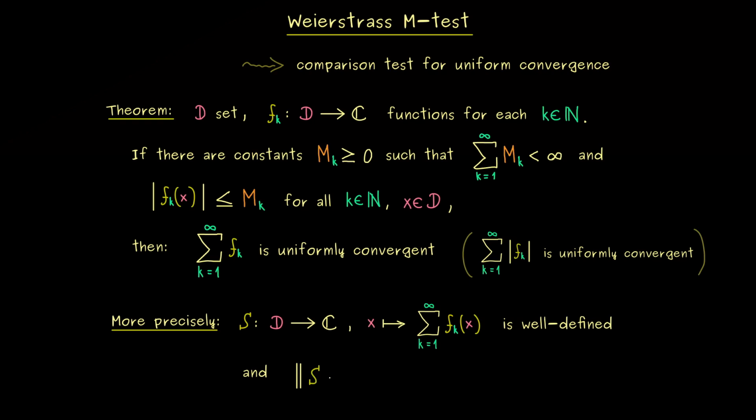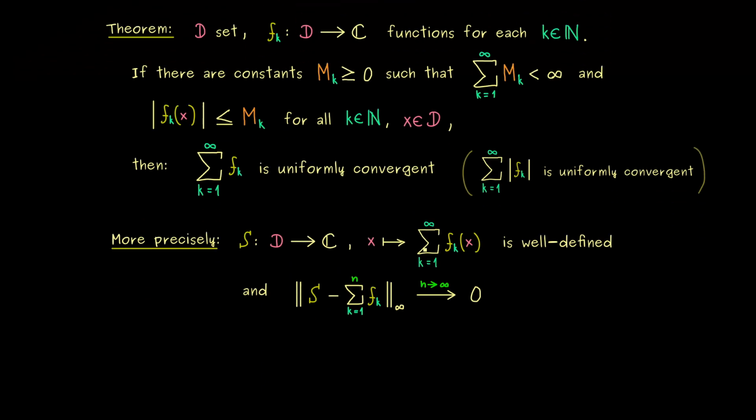And when I say limit, I mean with respect to the supremum norm. And please recall, the supremum norm is usually denoted with this infinity sign on the norm. Now S is the uniform limit for the partial sums, so this goes to 0 when n goes to infinity. Hence, this is exactly what we mean by the uniform convergence stated in the theorem.